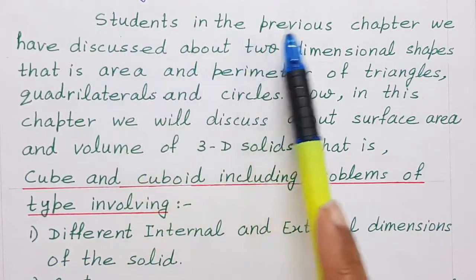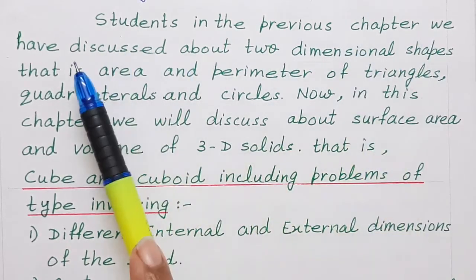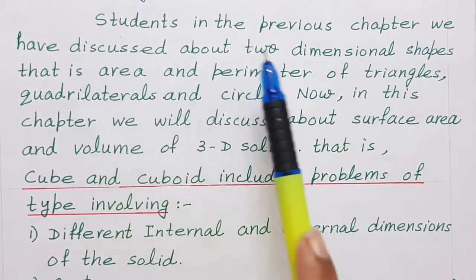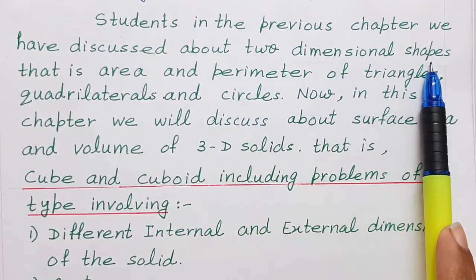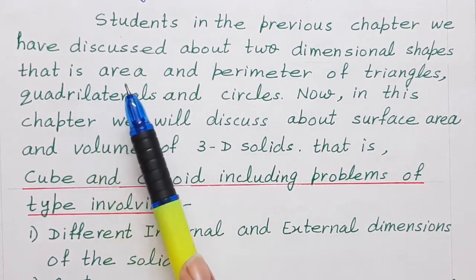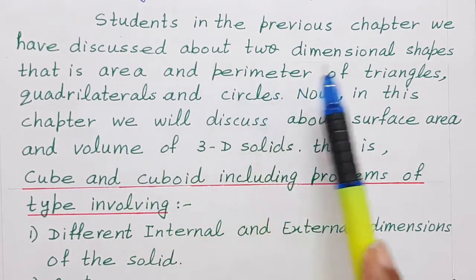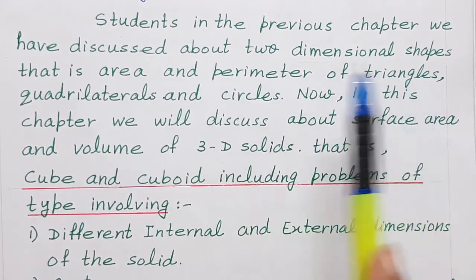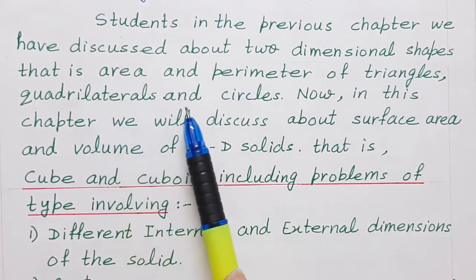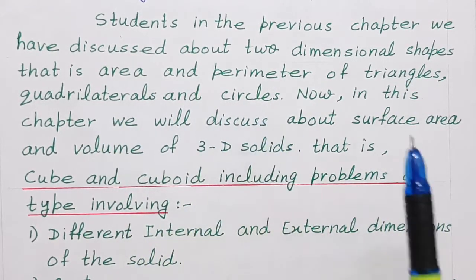Students, in the previous chapter, we discussed two-dimensional shapes, that is, area and perimeter of triangles, quadrilaterals and circles.